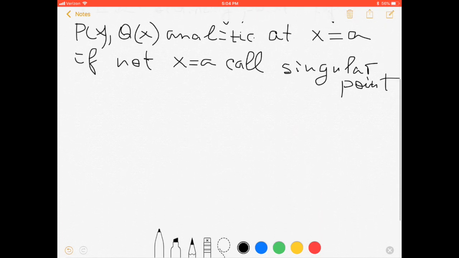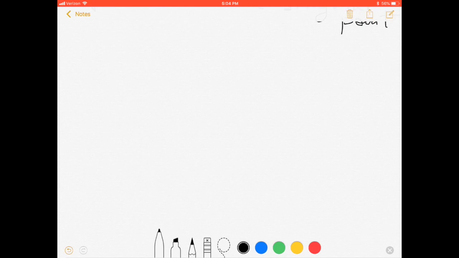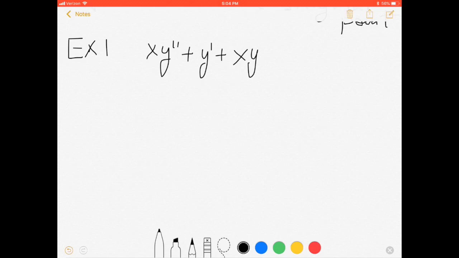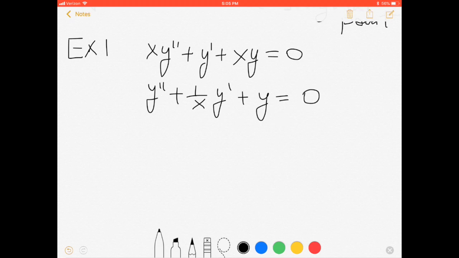Okay, let's see some examples. Example number 1. We have the equation x y second derivative plus y prime plus x y equals 0. To write the standard form we need to divide by x, and here we have y second derivative plus 1 over x y prime plus y equals 0.